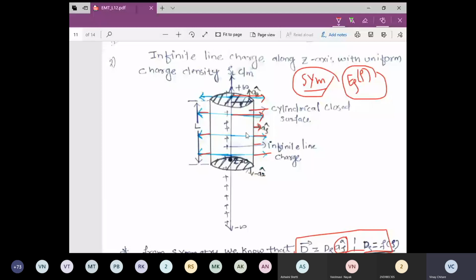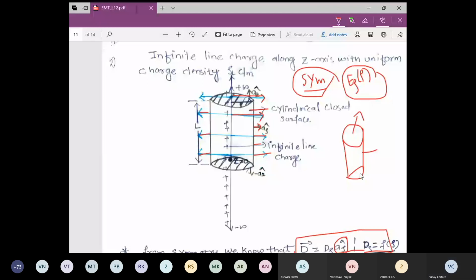From this figure, it is very clear that if I take a cylindrical surface, I have three portions of the surface: the first one is the side surface, the second one is the top surface, and the third one is the bottom surface.